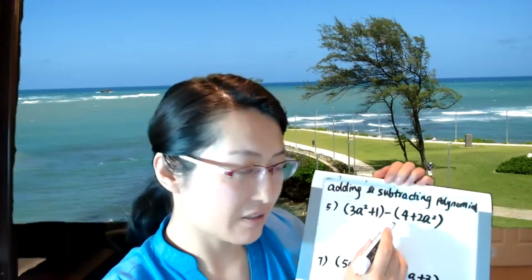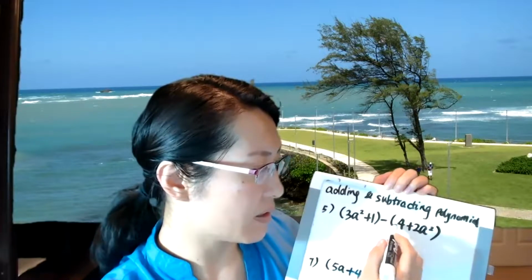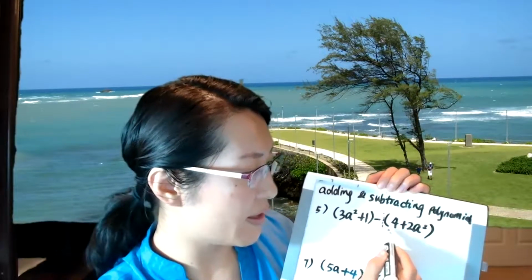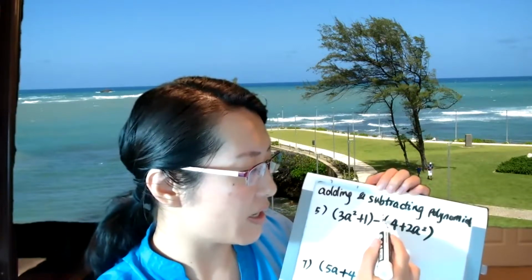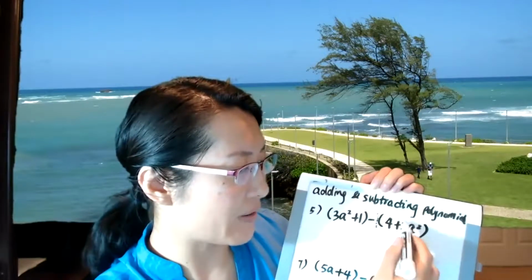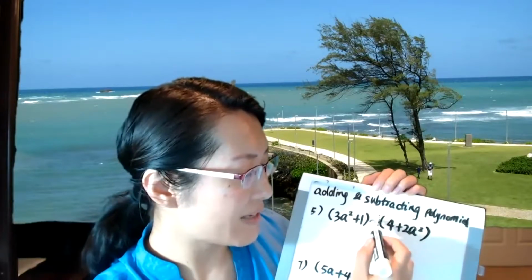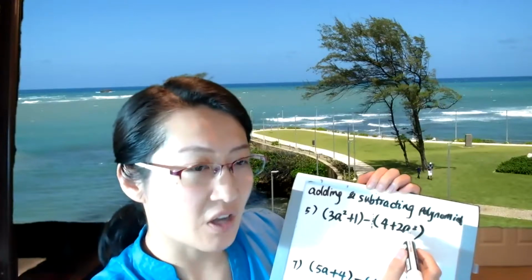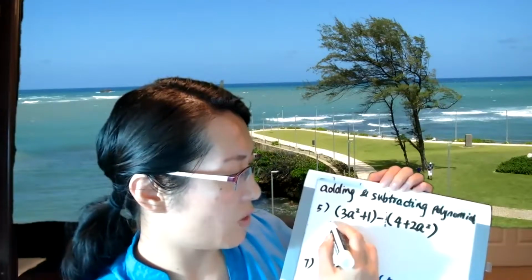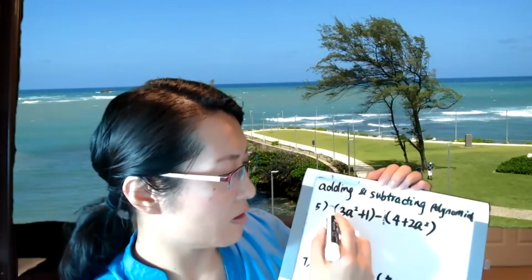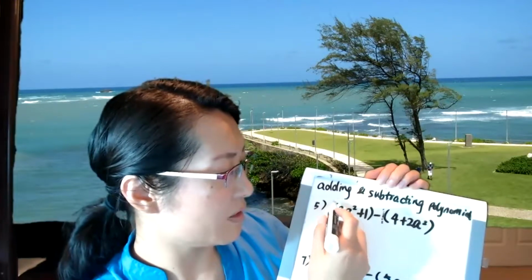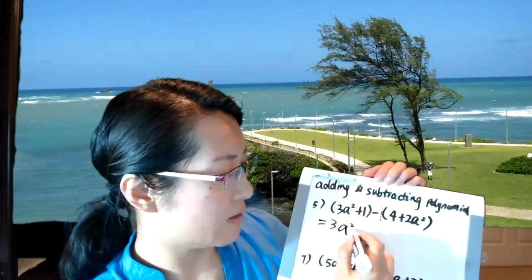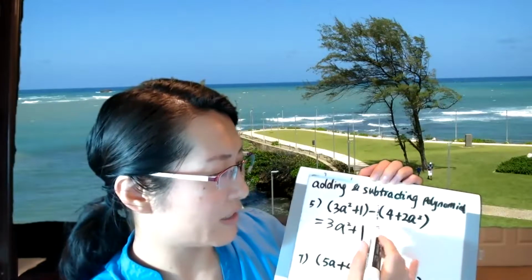When you see subtraction, just remember there is an invisible 1 there. So it's basically -1. You're going to multiply everything inside. So that negative is going to turn everything inside to the opposite. What I'm saying is, the first parenthesis, if there is nothing in front of it, you can just ignore it. Just break the parentheses and bring everything down.